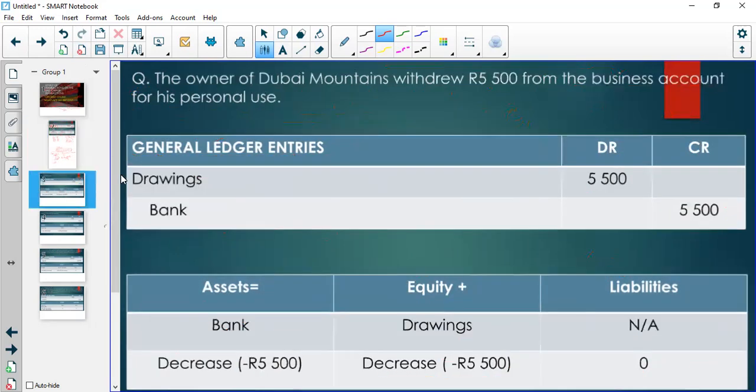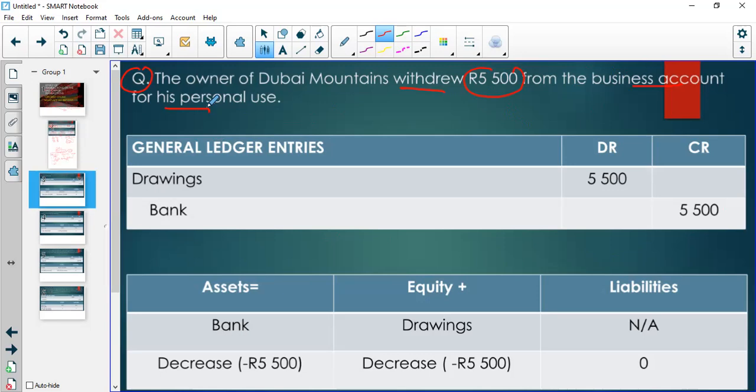Right, so we go to the owner again. In this case now, he withdrew 5,500 from the business. If you look at this transaction, the first step that you need to do is to identify the accounts which have been affected.